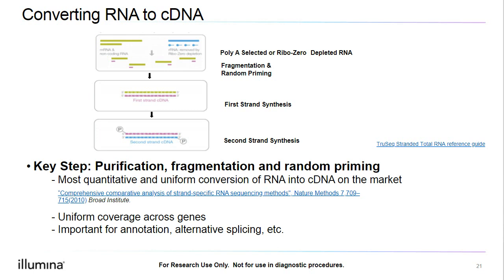Our method for converting RNA to DNA provides the most quantitative and uniform coverage on the market, as described by the Broad Institute study listed here, which compared different methods of preparing cDNA for sequencing. This study shows that this method gets more uniform coverage across genes, and this can be especially important for annotation or alternative splicing.